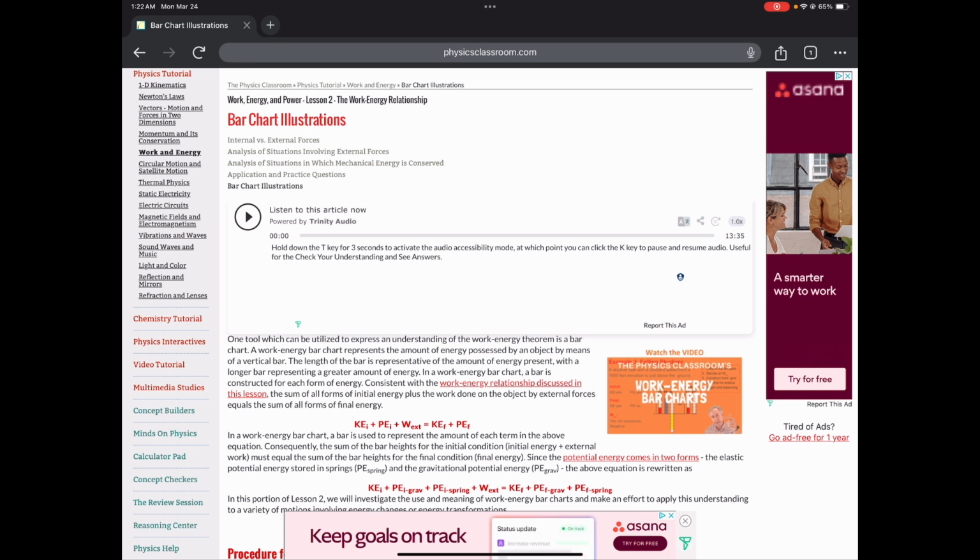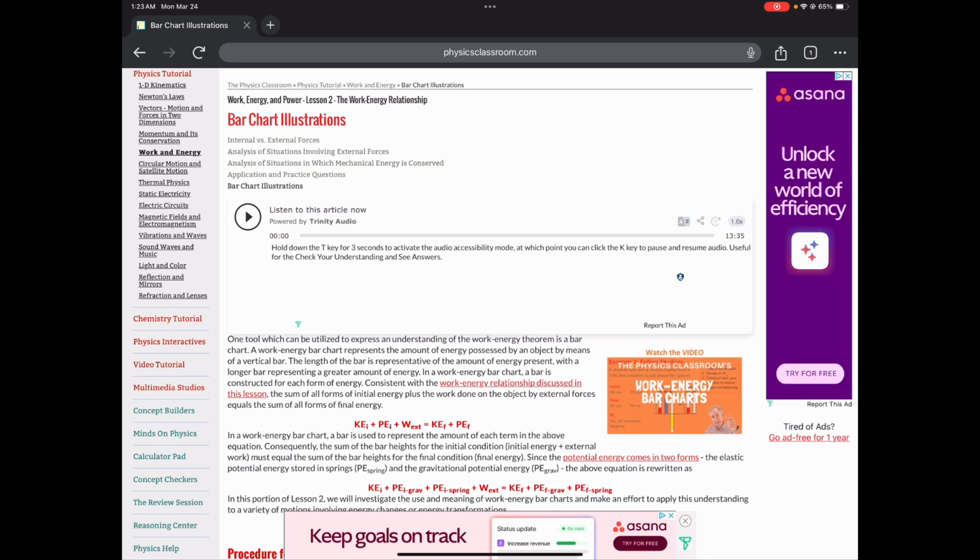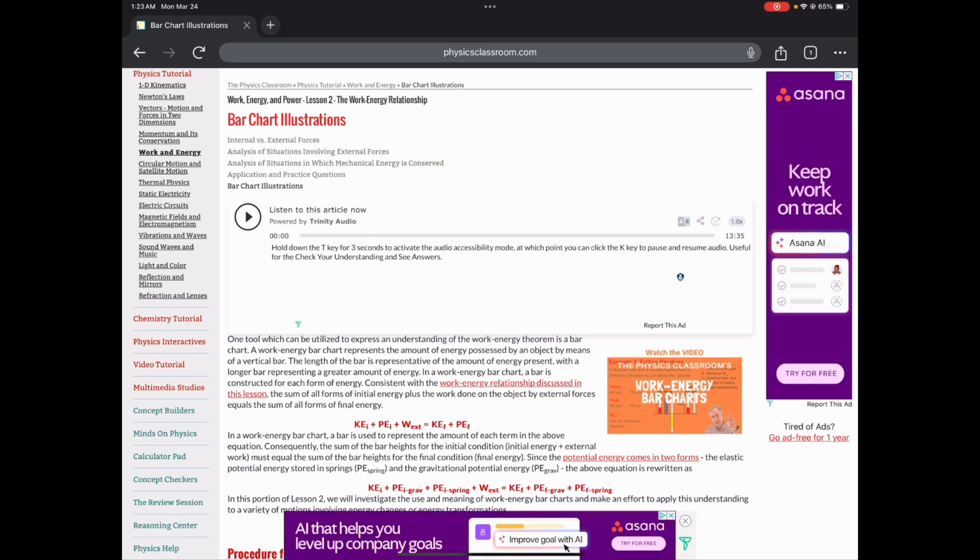But something that's unique to the bar charts is showing the relative size of how the energy is distributed. So, for example, if you have a ball that's falling, obviously at the very beginning, all of its energy is in potential energy, and it has no kinetic energy. But as it begins to fall, that potential energy turns into kinetic energy.